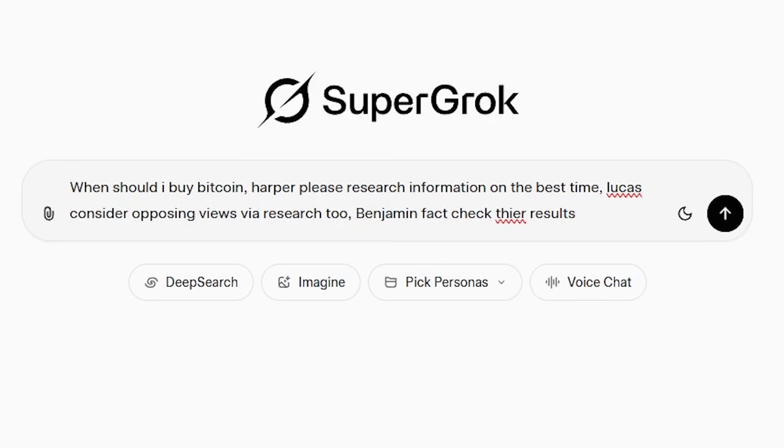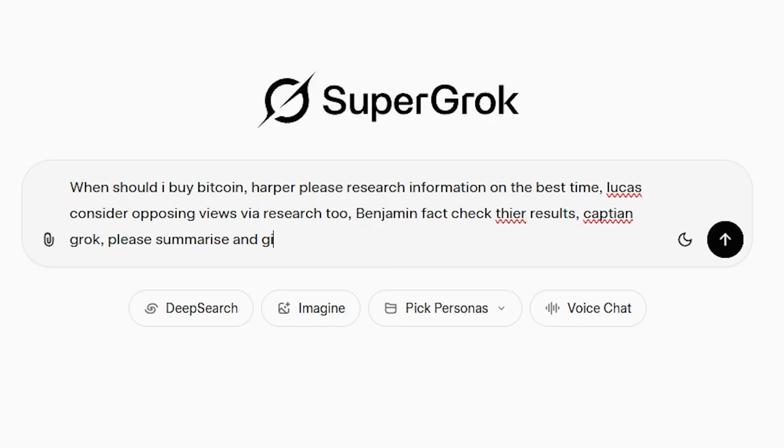And then for the fourth and final thing, we're going to say, Captain Grok, please summarize and give me a final output. Essentially what we have here is a prompt structure that I've developed where I realized that the best way you can get the most out of this model is to first find views that support your argument, then find views against it.